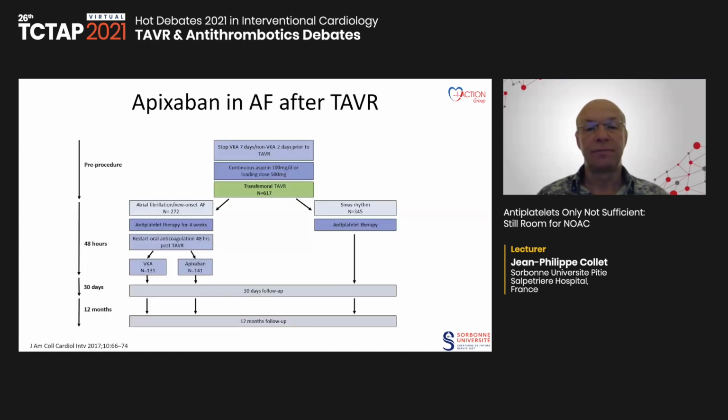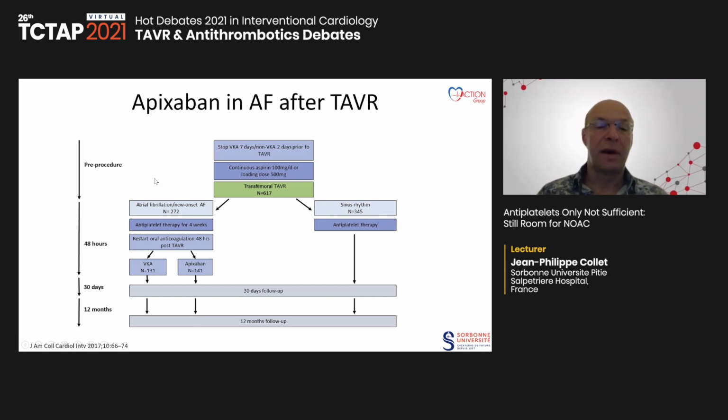Now, what do we have in real life with NOACs versus VKA in the setting of post-TAVI? We have only small registries, and one comes from a German team.